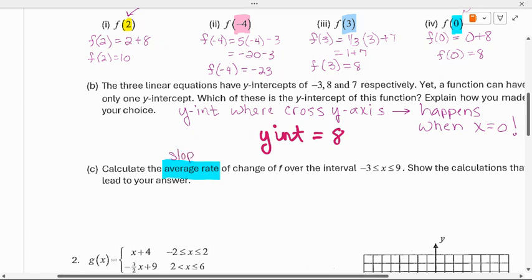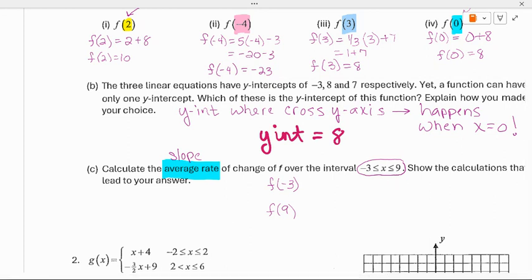So we have to calculate the average rate of change over the interval -3 to positive 9. Well, that just means we're evaluating f of -3, and then we're evaluating f of 9, and we're going to find the rate of change, the change in the y over the change in the x. That's what our slope is.